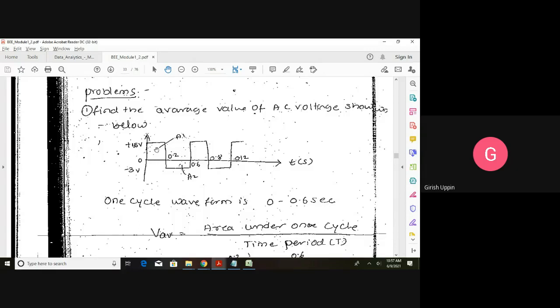Means whatever amount of charge this waveform moves, let us say x amount of charges, if I apply this voltage for 0.6 seconds to a circuit, x amount of charges will move. If I apply the direct current with 3 volts, that is the average value, for 0.6 seconds, it will result in the same x amount of charges moved in the circuit. That is the meaning of the average value.